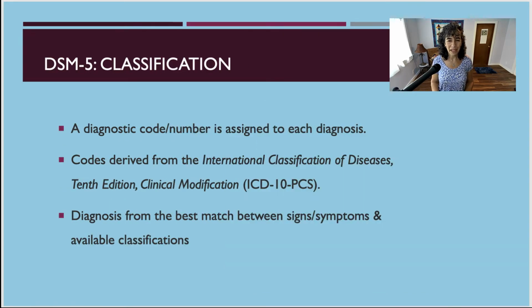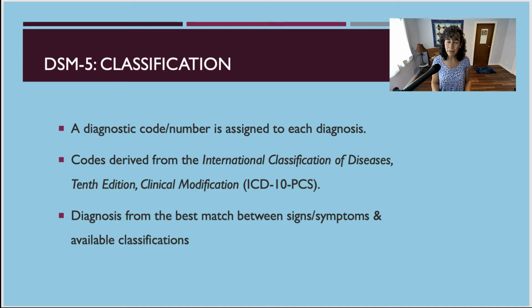Okay, classification. So a diagnostic code or number is assigned to each diagnosis. This is important for insurance and also lets us know what is it that we're talking about. The codes are originally derived from the International Classification of Diseases 10th edition clinical modification, more familiarly known as the ICD-10.